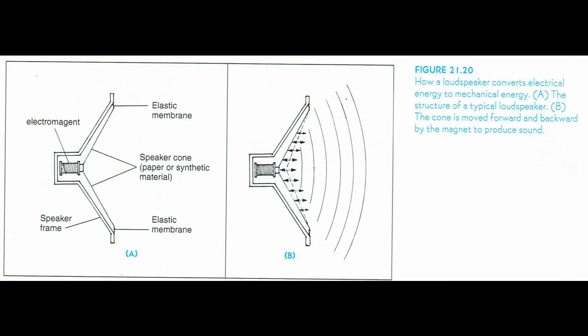The variation in this magnetic field causes a voice coil, usually attached to the rear of a flexible cone, to move the cone forward and backward in a pattern that mimics the frequency and loudness dictated by that signal.